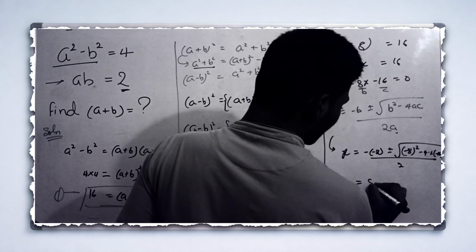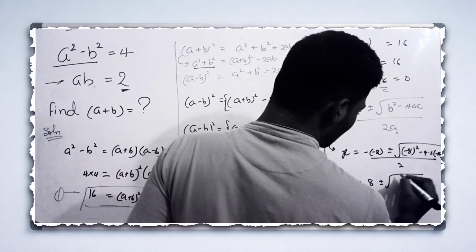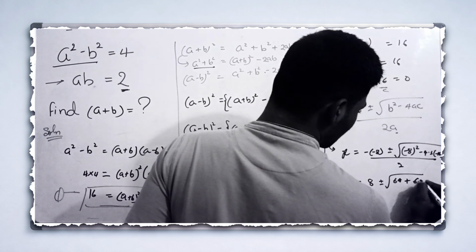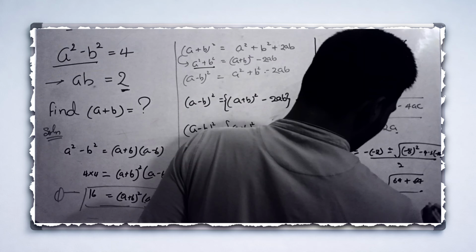So it gives 8 plus minus under root of 64, minus minus is plus, so 64 plus 64, over 2.